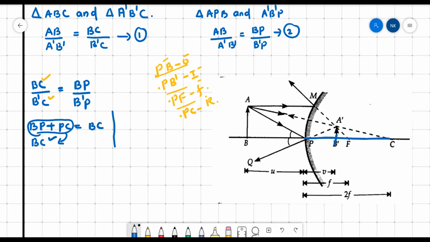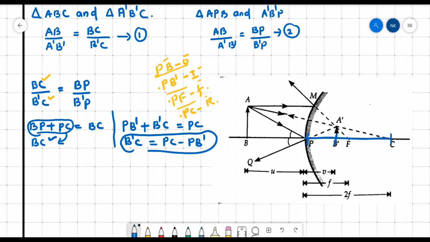Again you can split into two parts. See, that is PB dash plus B dash C equals PC. From here B dash C equals PC minus PB dash. Okay, so we got our second term, that means B dash C also in terms of P.